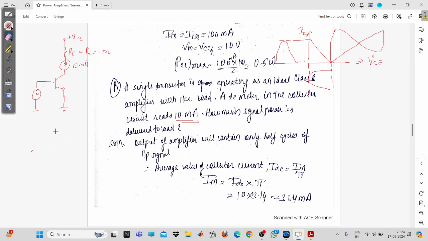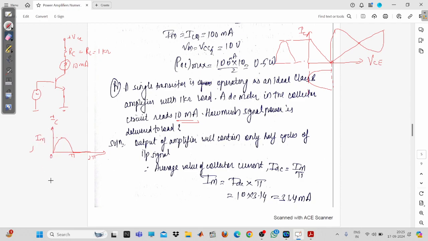If you take it aside, you can see you are going to have only one half of it. Only one half will be amplified, the other will not be amplified, that will be clipped off. From pi to 2 pi there is no signal, and this is the collector current. This is the peak value which you are going to get.